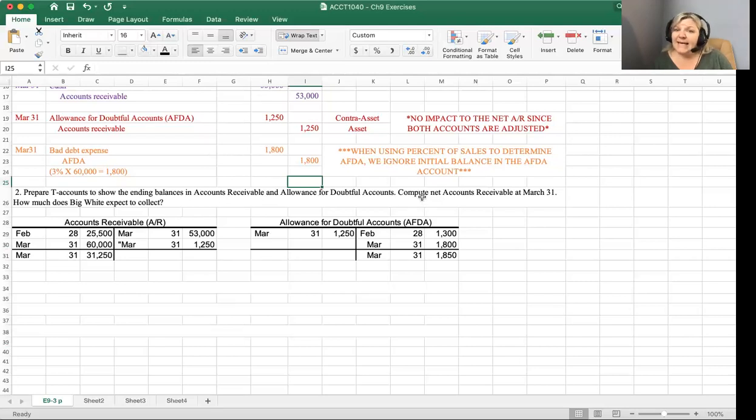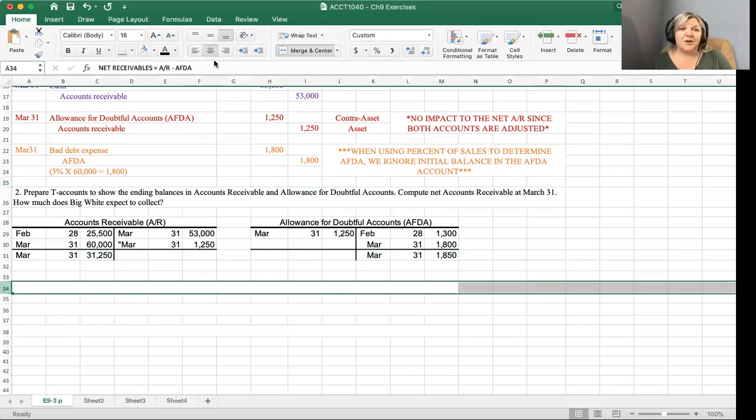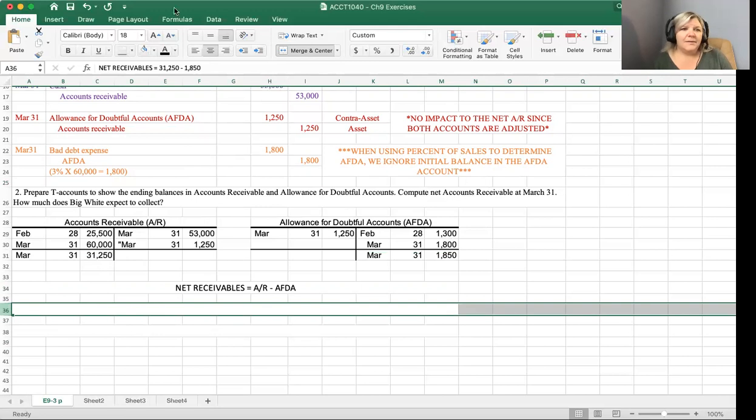The next thing is compute the net accounts receivable at March 31st. Net accounts receivable is the accounts receivable balance minus the allowance for doubtful accounts. So we're basically taking these two accounts and adding them together because we have a debit here and a credit here. So we'll fill that in.